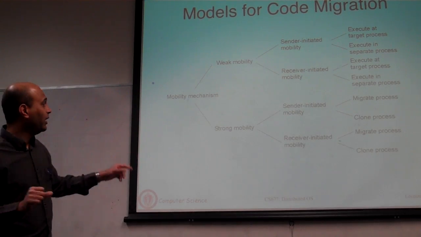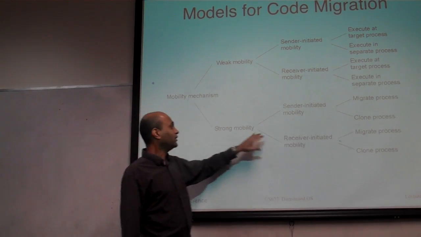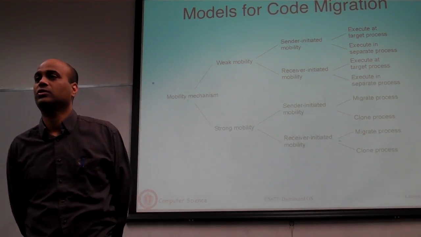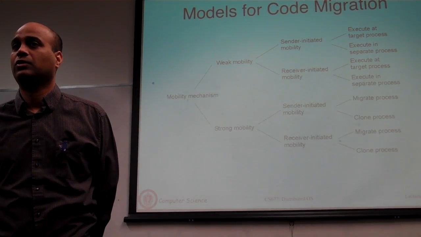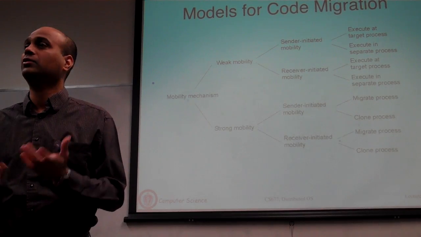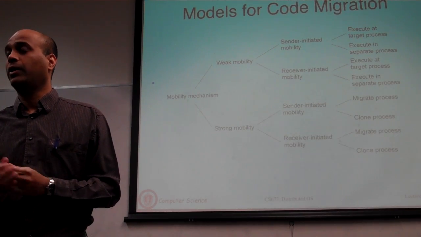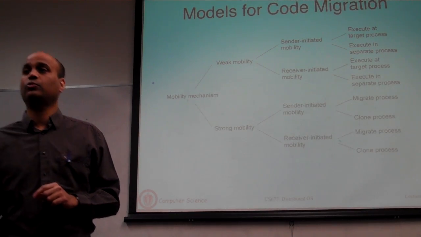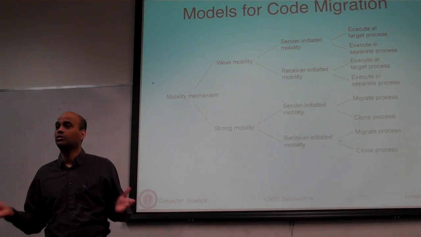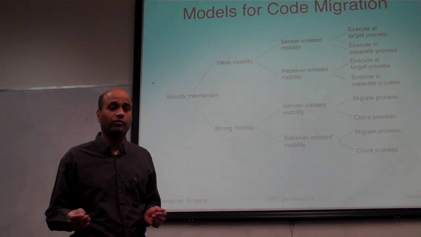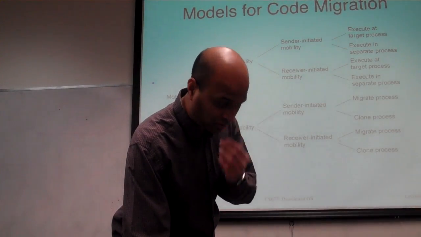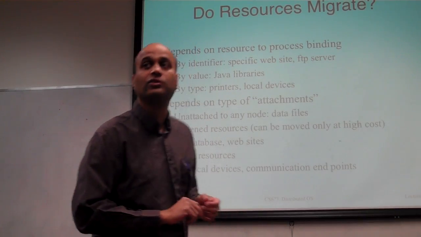Now, as you can imagine, you can do strong or weak, sender or receiver, and you can do execute in a new process or migrate in the initiating process. So you get these various combinations, and depending on which of these you pick for your system, you will get a different point solution in the whole space of mobility. That's sort of an overview, a slide that shows an overview of the various combinations.